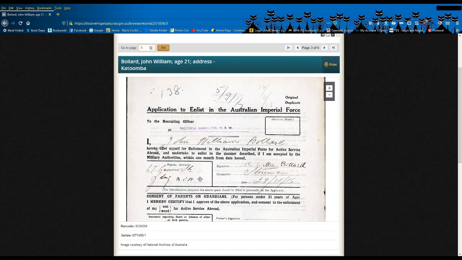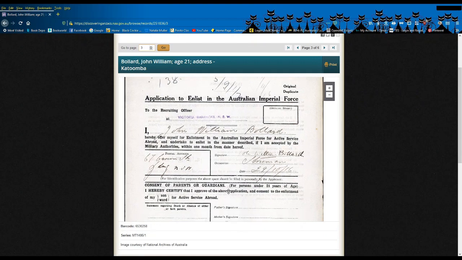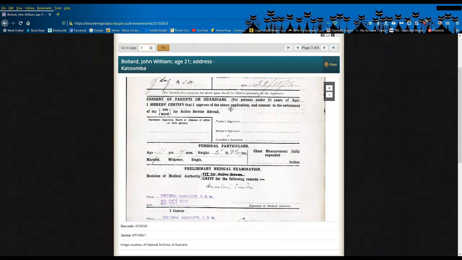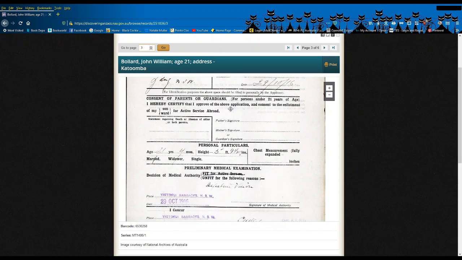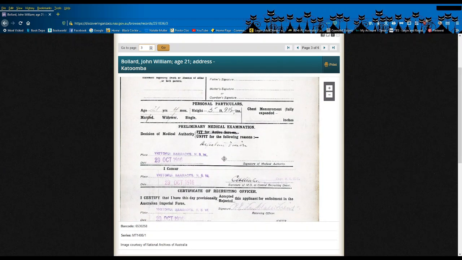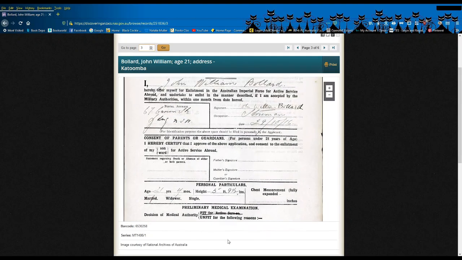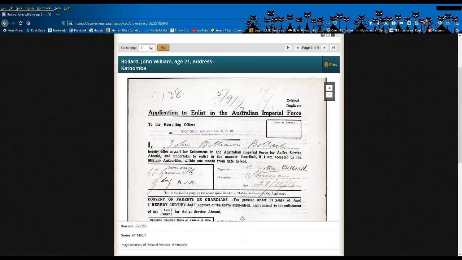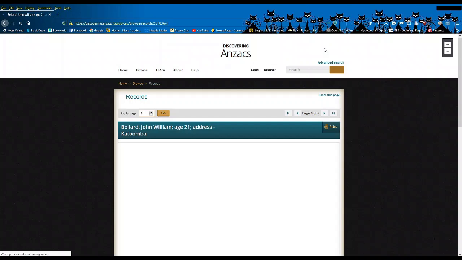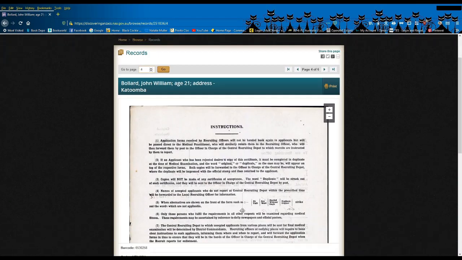Now I believe this young man was knocked back. He was determined unfit for service because of his poor eyesight. So that's this person's story. So there are lots and lots of pages.